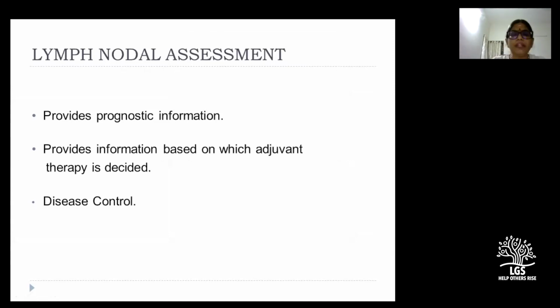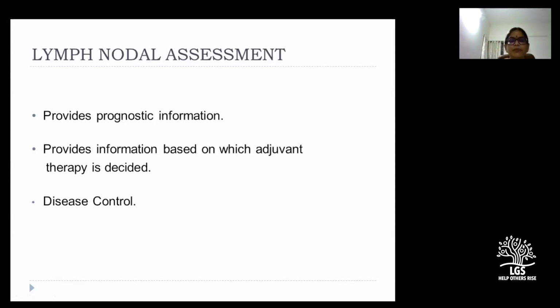So we'll move on to lymph nodal assessment. We all know that assessment of lymph nodes is an integral part of breast cancer management. Why? Because one, if there is disease there, you clear it; disease control is important. Two, it also provides prognostic information. Obviously, the more nodes involved, the worse the prognosis.